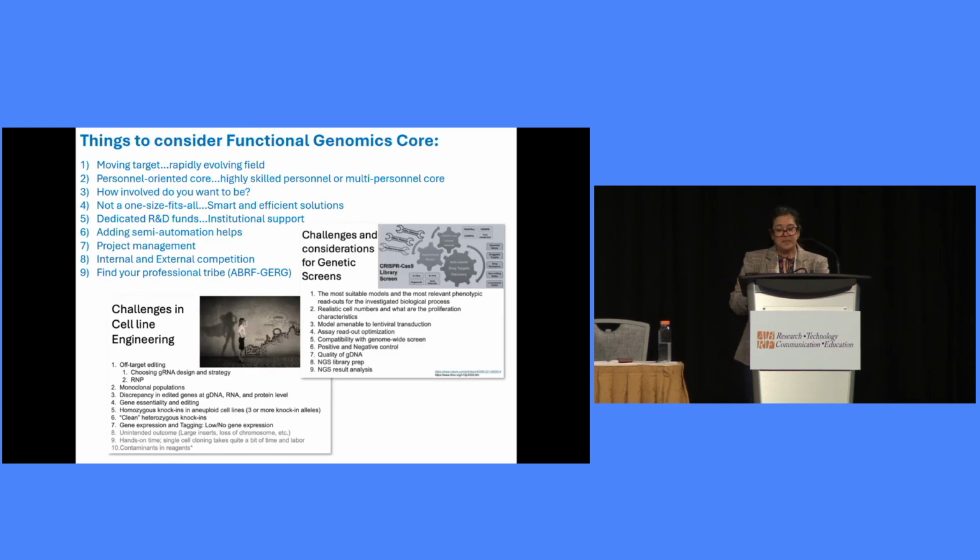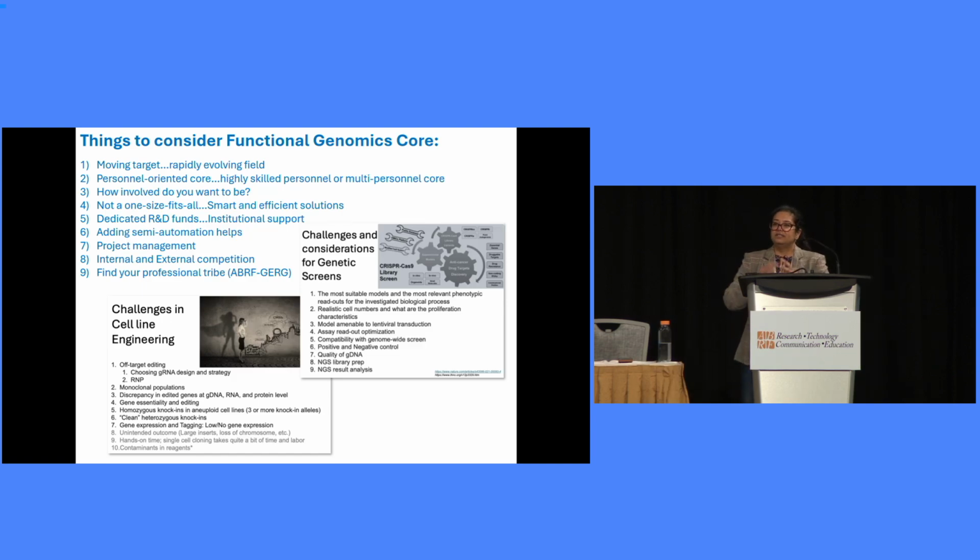So that was my spiel about our journey and where we have been, how we got here. But there were a couple of things I do want you to consider, if you have a functional genomics core, and we might have similar opinions on these matters, or if you are a group planning to start a functional genomics core.